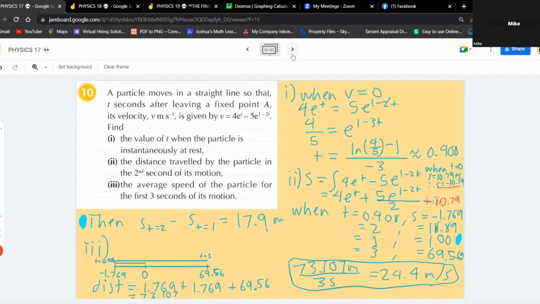So for fifth is equal to, so 1 minus 3t.